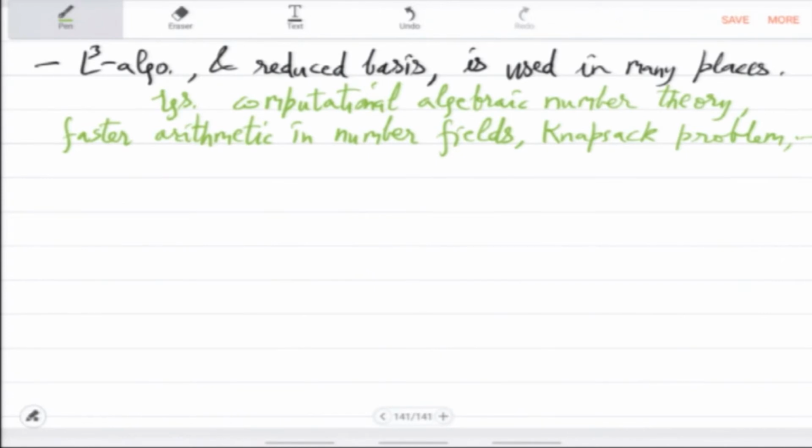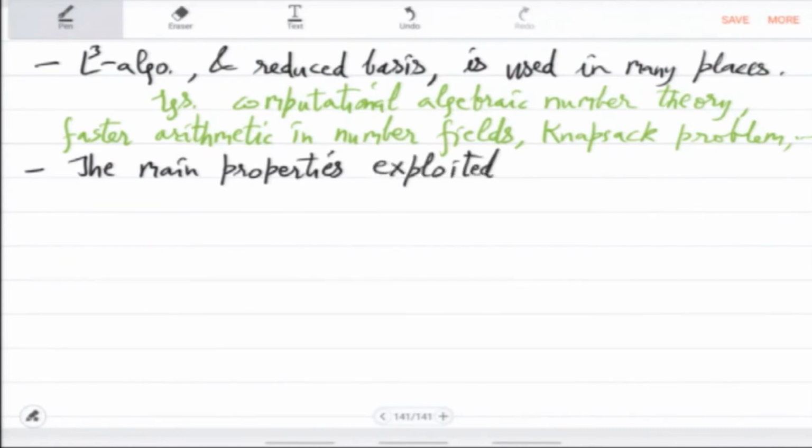The key properties of this reduced basis which are useful in these applications are the following. So, let me collect that here.